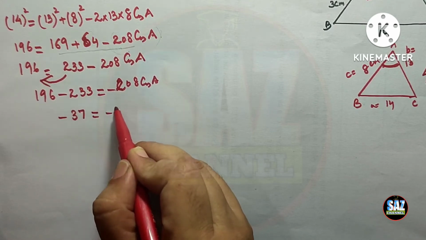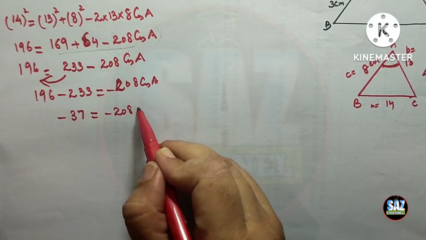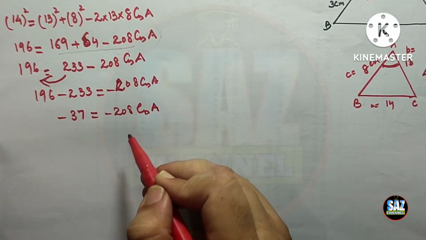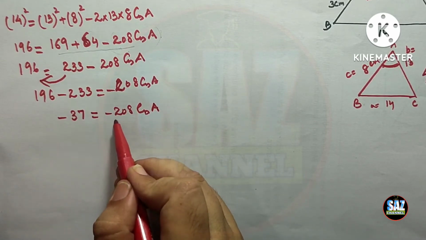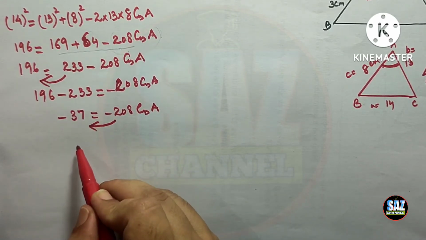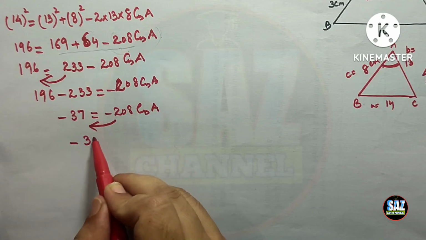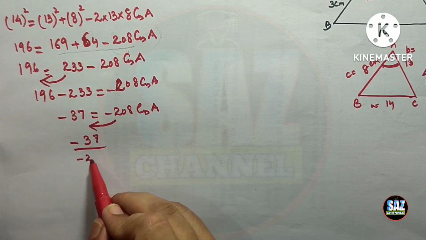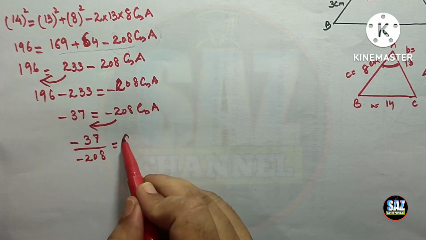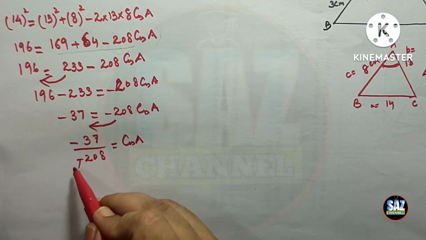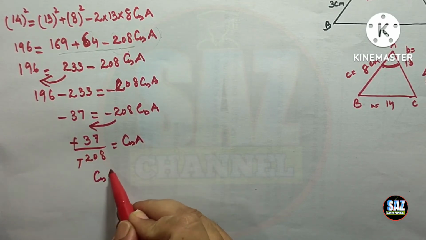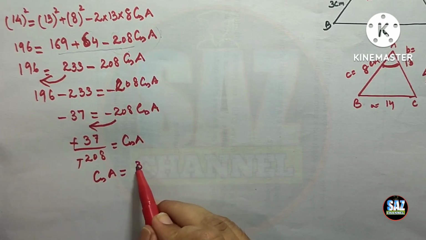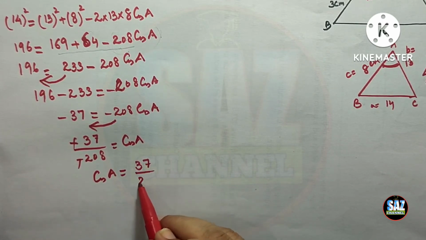Minus 37 equals minus 208 cos of angle A. Now in order to find cos of A, I have to shift the coefficient 208 to the other side. Minus sign goes with minus sign. Cos of angle A equals 37 by 208.